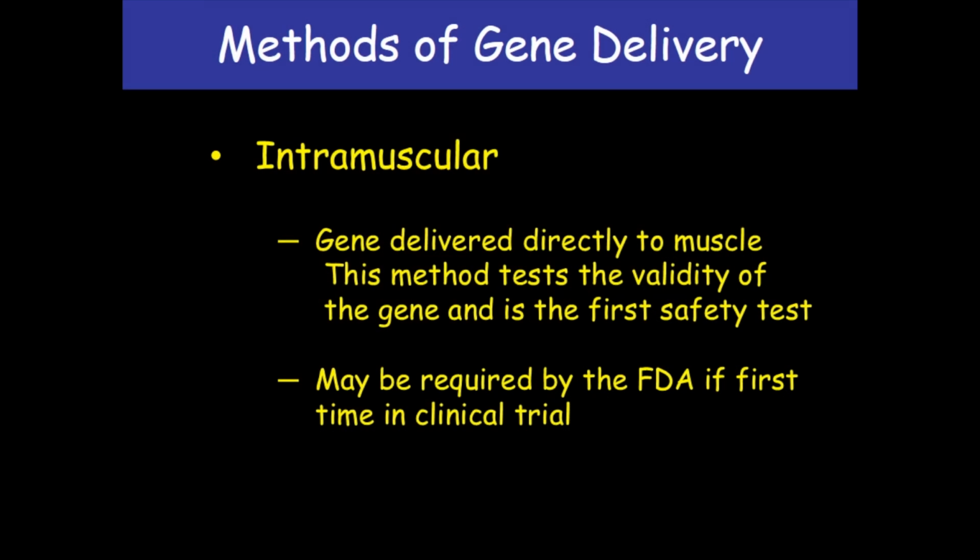Now, talk about the methods of delivery. Doug alluded to this, and we've now used multiple methods of delivery that will pertain to dysferlin gene therapy. We can deliver the gene. The simplest way is to deliver it directly to the muscle. And often the FDA requires us to do this.